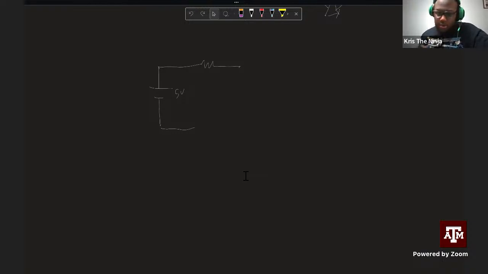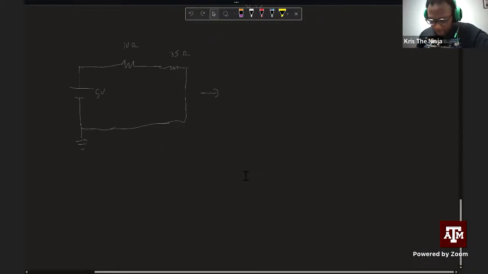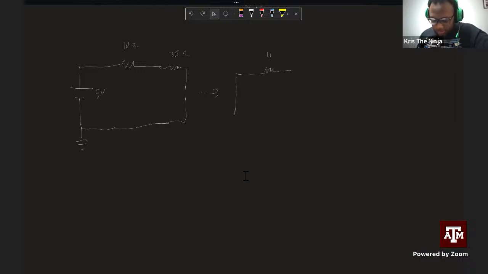Resistors in series, if you notice this is a series circuit, they add like basic addition. So this is equivalent to the circuit here, where you'd have a 45 ohm resistor.